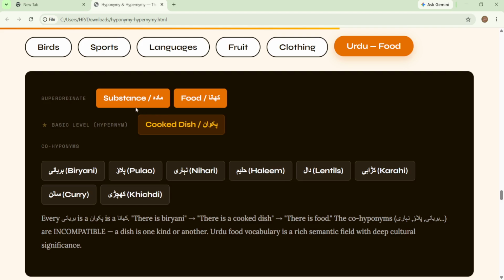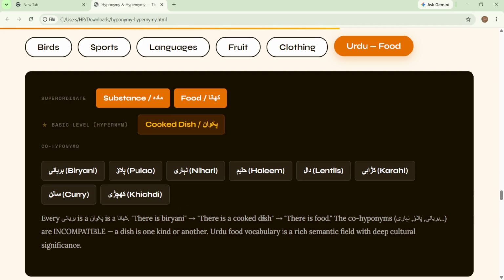Then food. These are Urdu examples, and we have taken them for the understanding of the speakers too. Superordinate is substance or food, basic level is cooking dishes, then co-hyponyms are the dishes that are loved by many of the people, we can say not everyone: biryani, pulao, nihari, halim, dal, which is lentils, karahi, curry, which is salan, and kaleji.